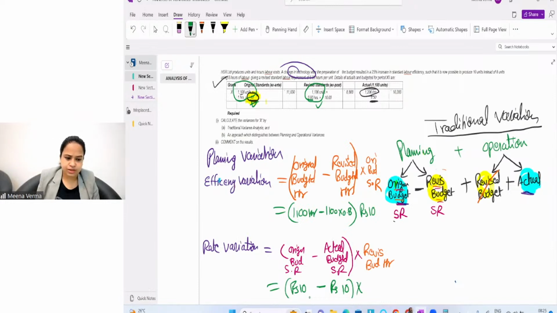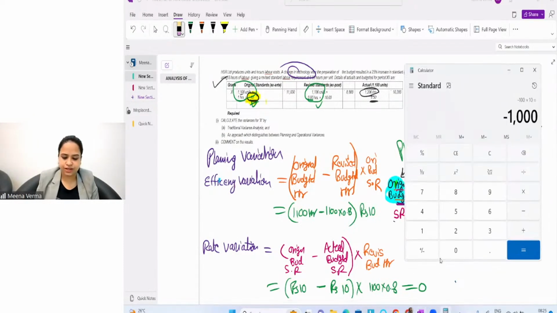Revised budgeted hour is 1100 into 0.8. But this is coming 0. This will come 0. Why? Because 10 minus 10 is 0. And this one you can calculate. Rate variation is coming as 0.